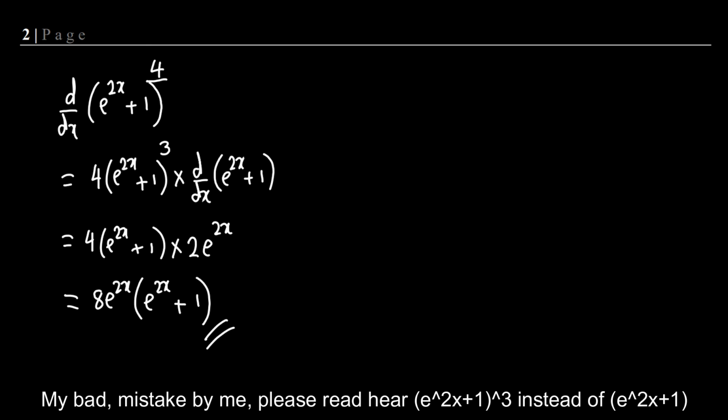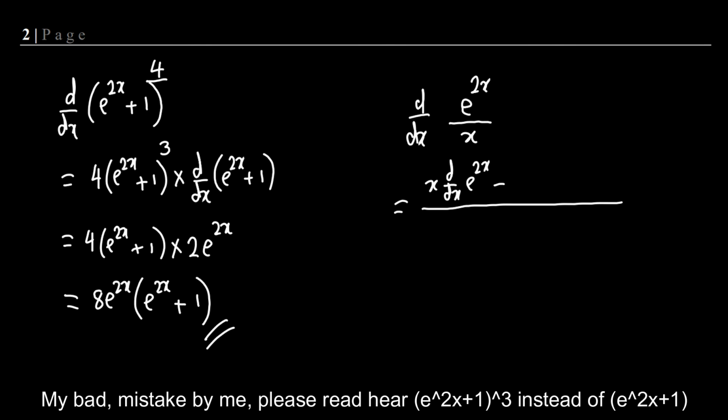Let's move to the last example I prepared for you. Say e to the power 2x is given, and below it is only written x. How to differentiate it? You know the quotient rule. We are going to apply here the quotient rule: x times d by dx of e to the power 2x, minus e to the power 2x times d by dx of x, and on the denominator we need to write x square.